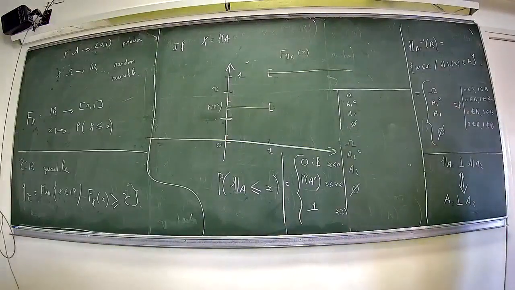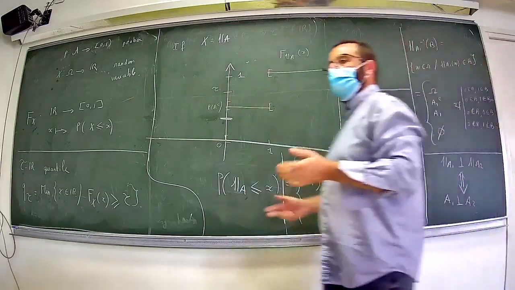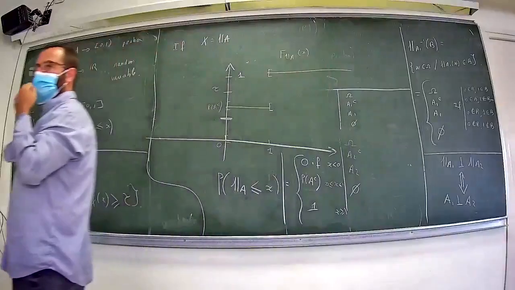In the case you take tau equal to 1/2, it's what we call the median of the random variable. But I will come back to this point in the statistical part.